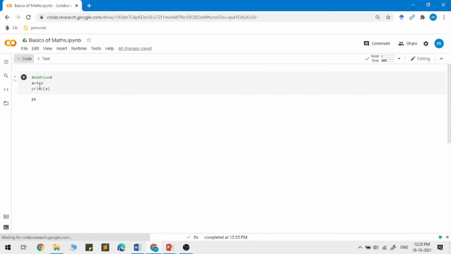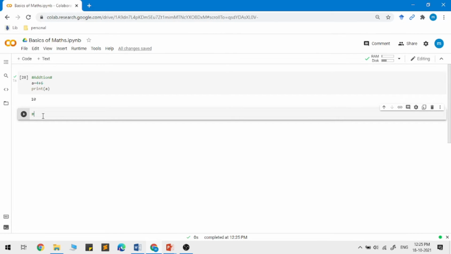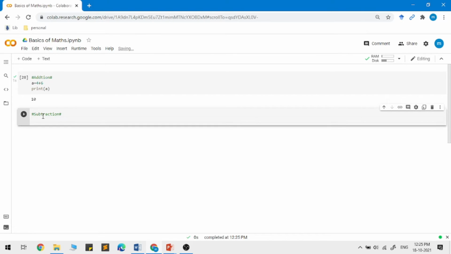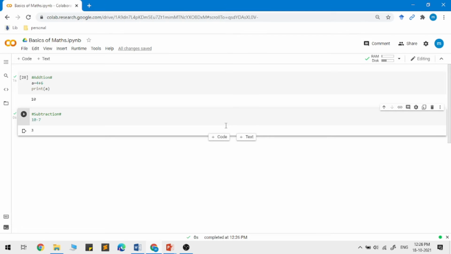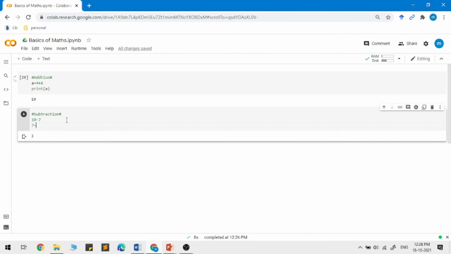Suppose I want to do the subtraction. I am subtracting two numbers, so it is 10 minus 7. The output will be 3. Or else we can check with 7 minus 10.